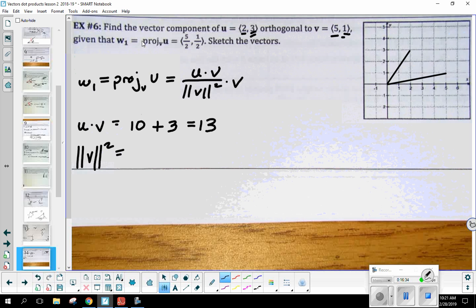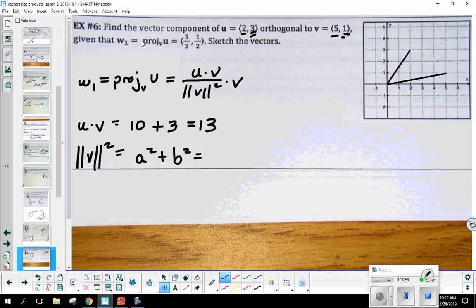Okay, but here's where the square is going to play a really important part. The magnitude, as you guys told me at the beginning, is always the square root of a squared plus b squared, right? But what happens if I square that formula? There you go. The radical disappears. The squared magnitude is just a squared plus b squared. It's going to be the same as if I took v and multiplied it against itself.